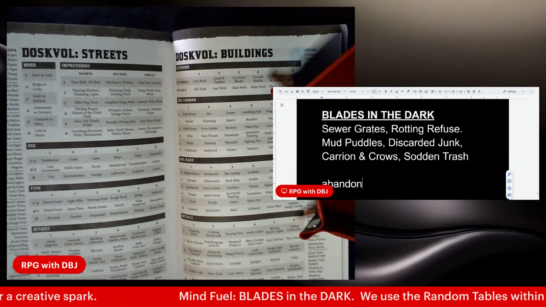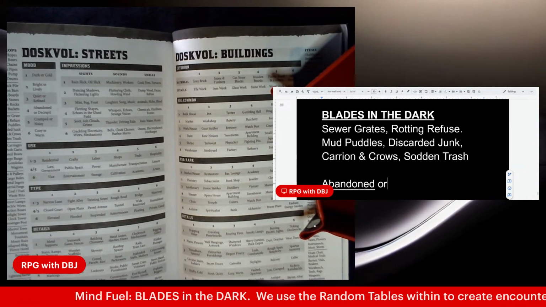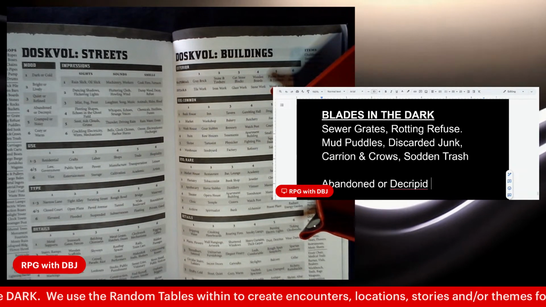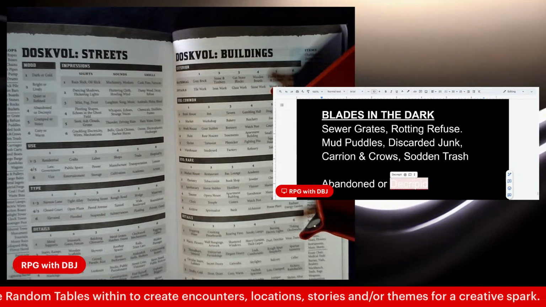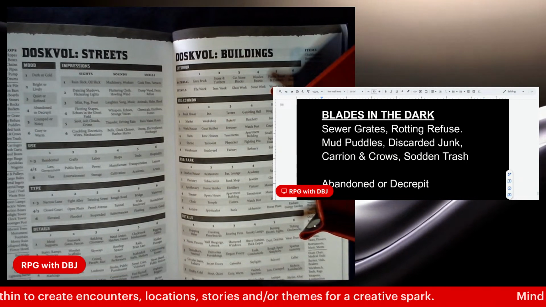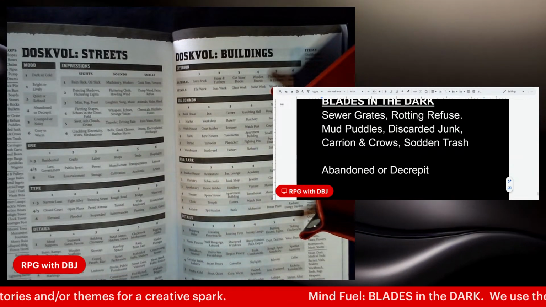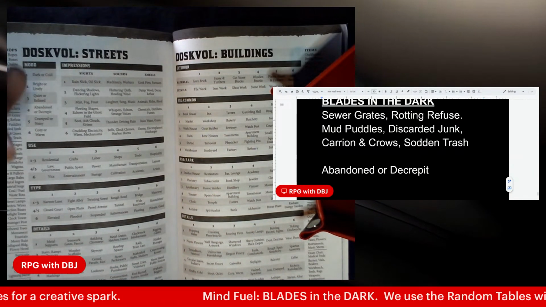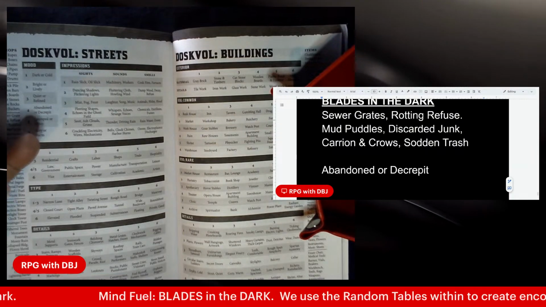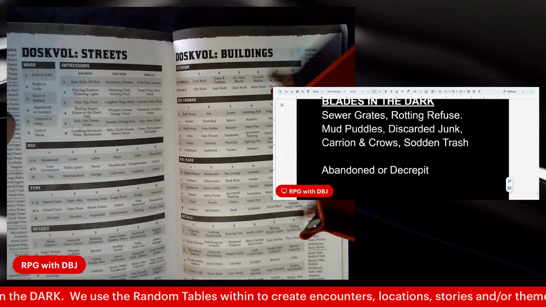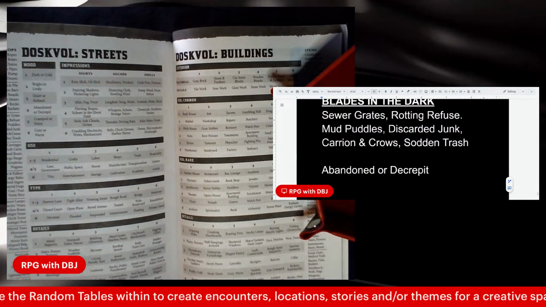Decrepit. Not very good. Okay, so that's our first mood. There's a little d6 table right at the top left of the page for our d6 roll. So we've got a mood of decrepit.